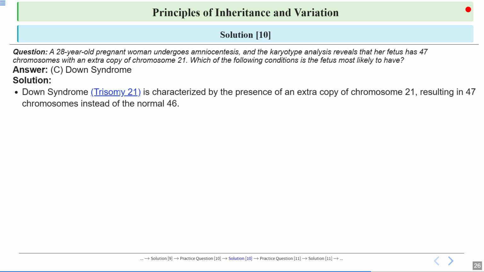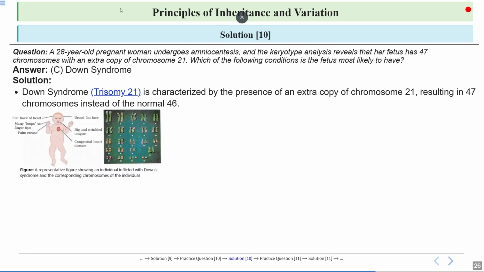Down syndrome, known as trisomy 21, is characterized by the presence of an extra copy of autosome, chromosome 21, resulting in 47 chromosomes instead of the normal 46. Here you can see the symptoms of a child having Down syndrome, and the karyotype is also shown to you. Here you can see there are 3 copies of the 21st chromosome.